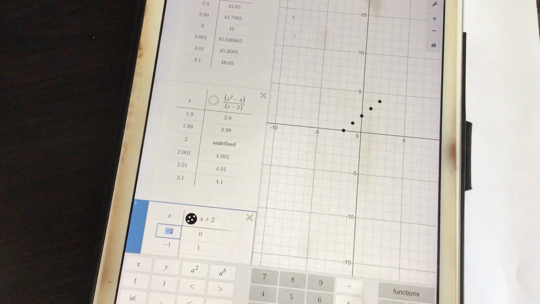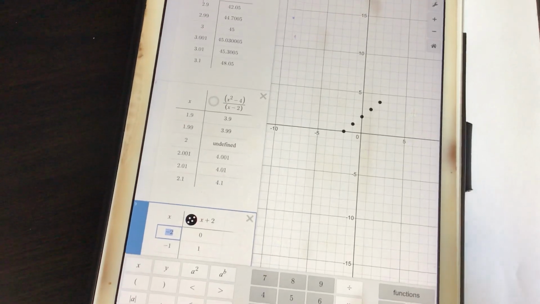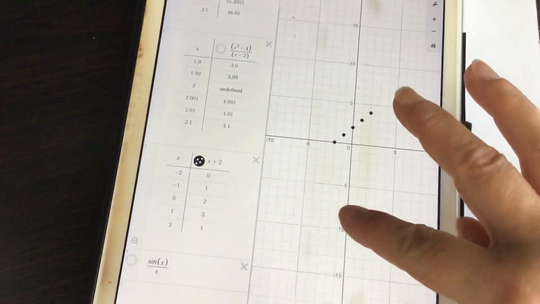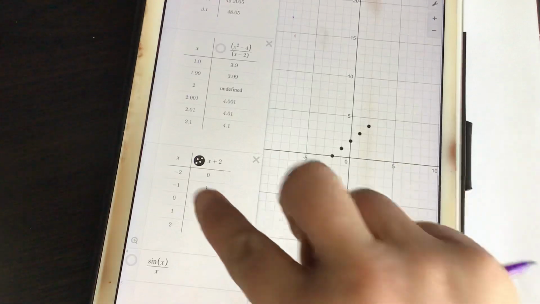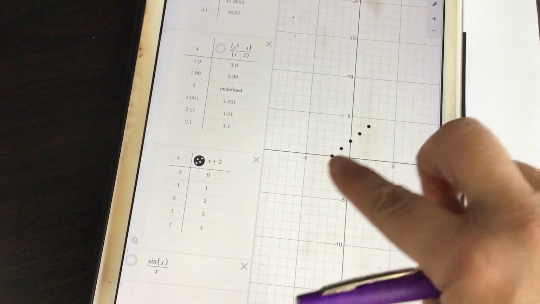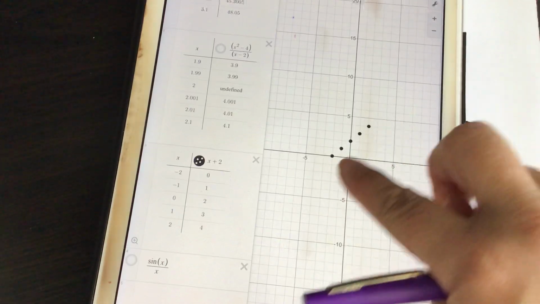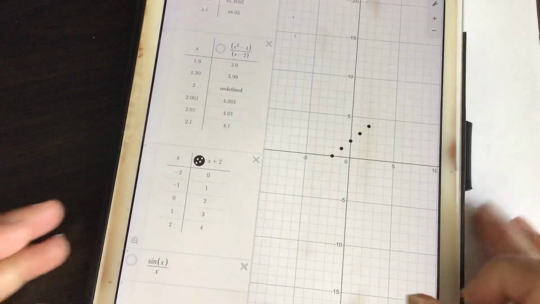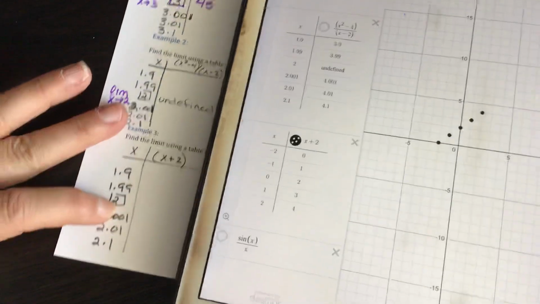And if you can see, they will pre-choose numbers for you, and you can see their pre-chosen numbers give you points that are in a line here. So this is just kind of like a scatter plot of this table. But these are not the values that I want in my table.